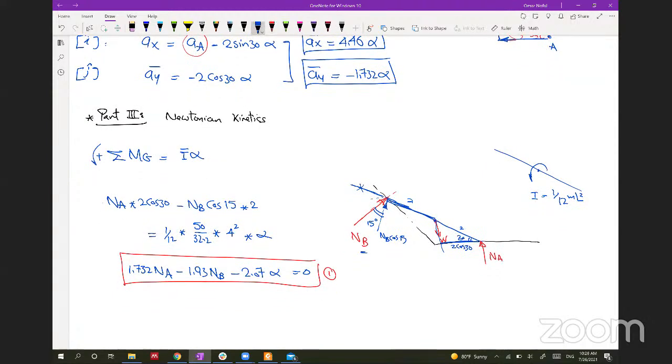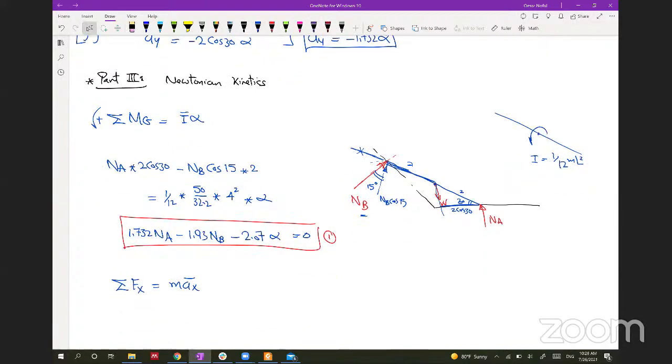Let's get the second equation by taking the sum of the forces in the x direction. And this will be equal to m a x bar. So the forces that we have in x, it will be the component of B. Right now we need to get the component of B in the x direction. This is the component, and we know that this is 45 degrees.